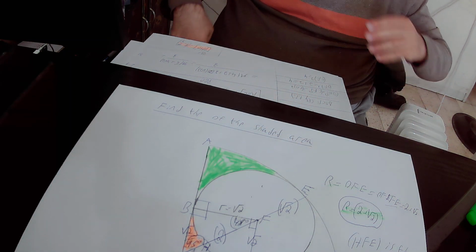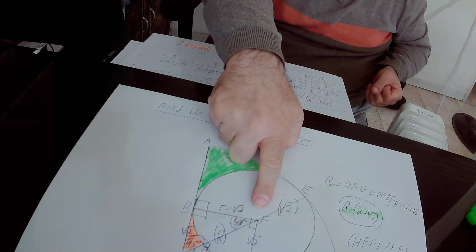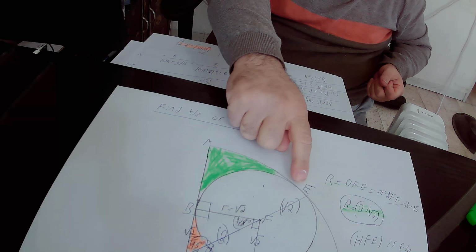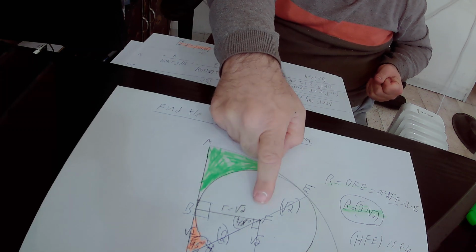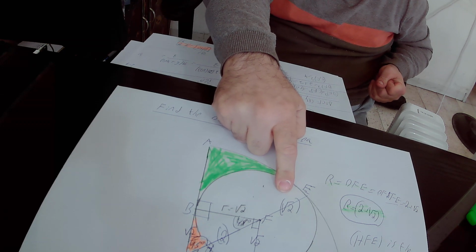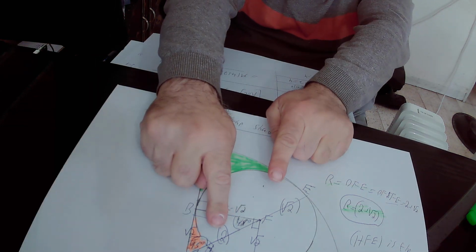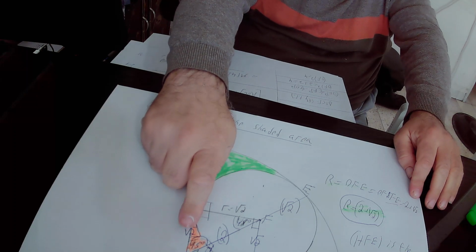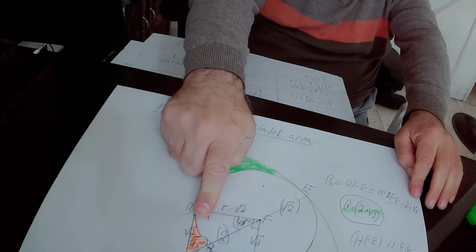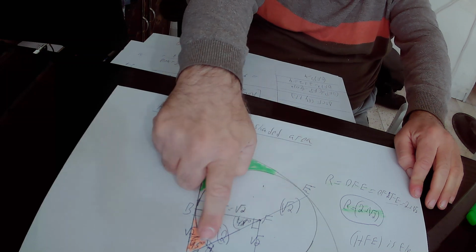So here we know that point F is the center of the small circle, point E is a point on the circle itself, therefore line segment FE is the radius of this small circle that is equal to the square root of 2 units according to what is given in the question. And we have already found out that FO equals 2 units in its length. And according to rule 9, OFE is one straight line. If OFE is one straight line, it means that OE is also the radius of the quarter circle.